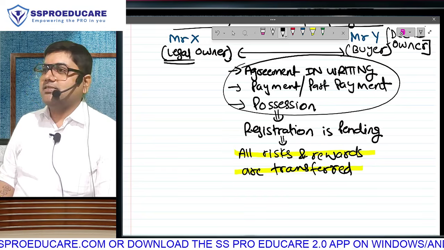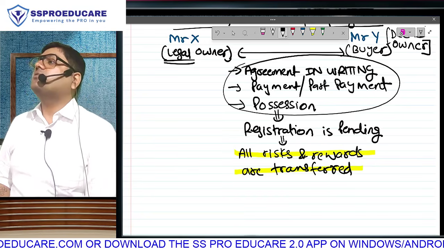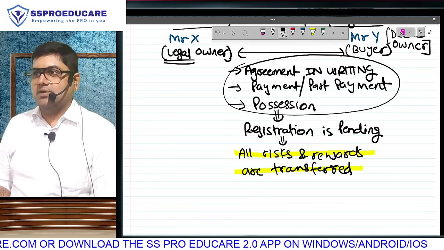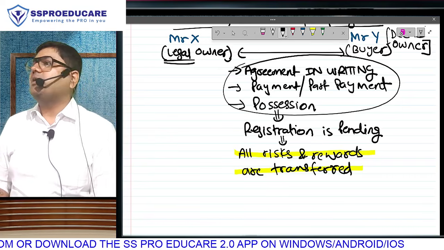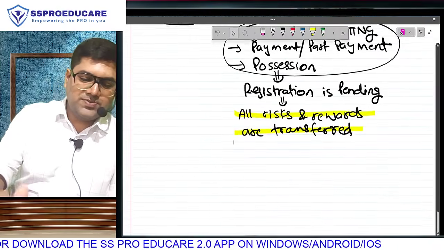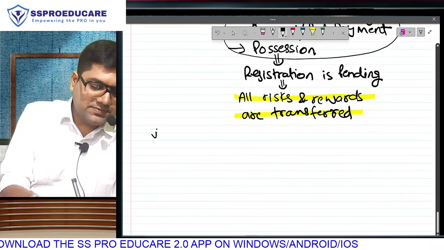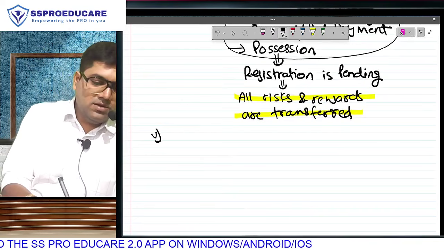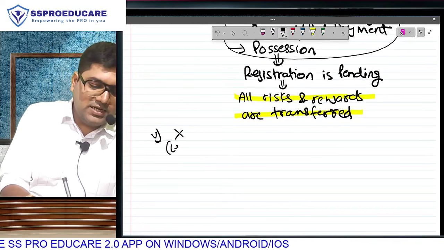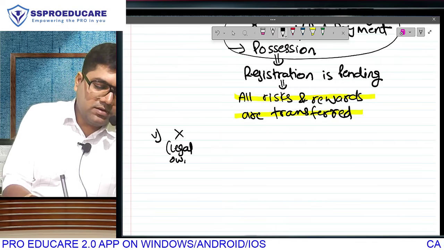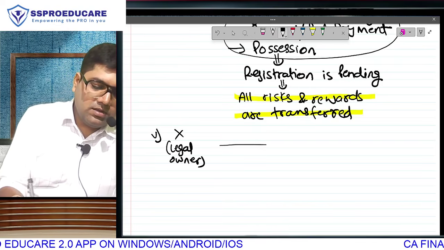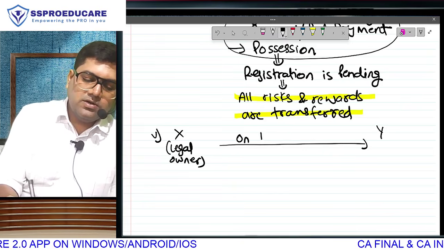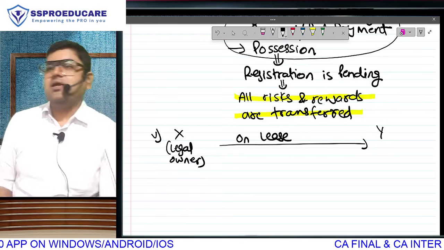So ladies and gentlemen, that was the fourth case of deemed owner, where legally the property is in the name of someone else, but the transferee will be deemed to be the owner. And this brings us to the last case of deemed owner. Supposing X is the legal owner of a property and X has given this property to Y on lease.